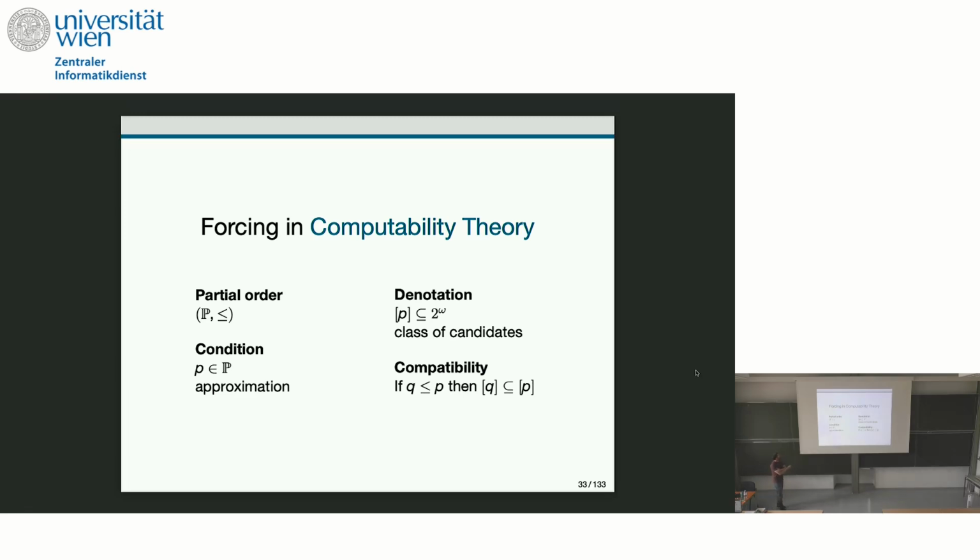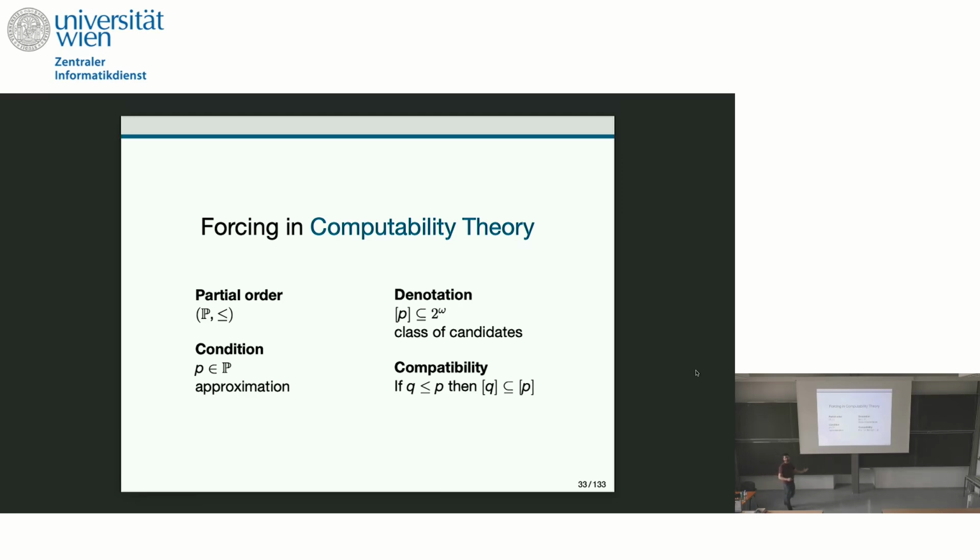And so you just abstract it a little bit by saying, I want to build an infinite object. And so I approximate it by a partial order of finite or partial approximations of the object. And this order means that if P is smaller than Q, it means that P is more precise than Q. So here in computability theory, for every approximation, I will associate a denotation, which will be a collection of sets, which will be the candidate objects that we're going to build.